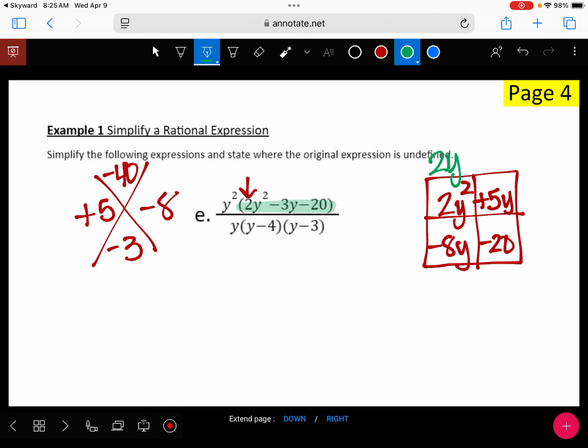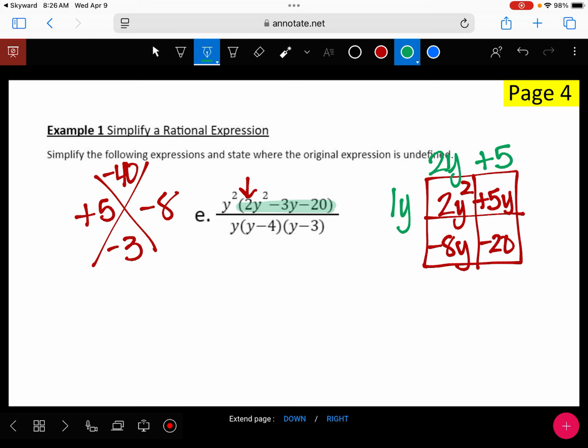Now, 5 and 20, what can I take out of 5 and 20 besides 1? A 5. Has to be positive, though, because it's on top of a positive. The first row, 2 and 5, the only column where you're going to see a 2 and a 5 together is the first column, 1, which means I can only take out a 1 and a y.